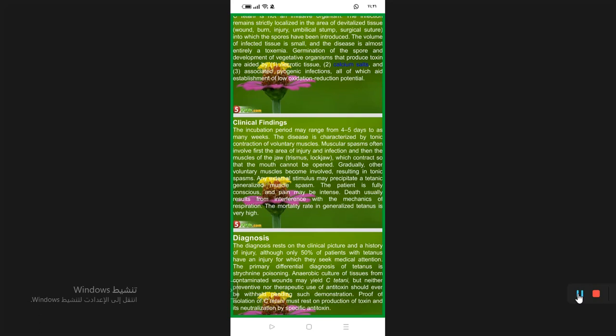Gradually, other voluntary muscles become involved, resulting in tonic spasm. An external stimulus may precipitate a tetanic generalized muscle spasm. The patient is fully conscious and pain may be intense. Death usually results from interference with the respiratory mechanism, and the mortality rate in generalized tetanus is very high.